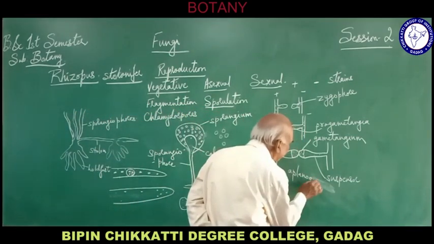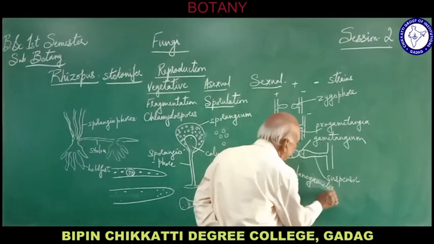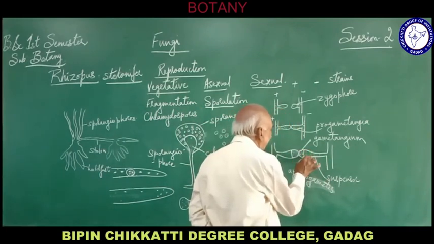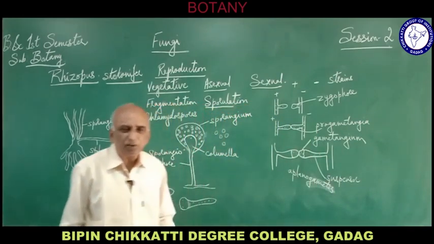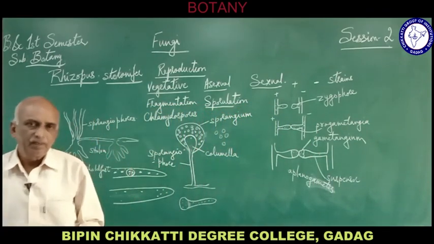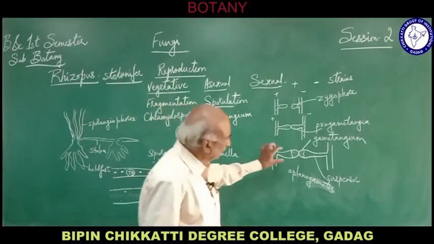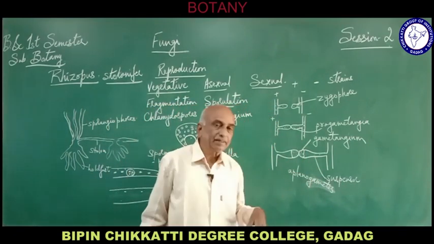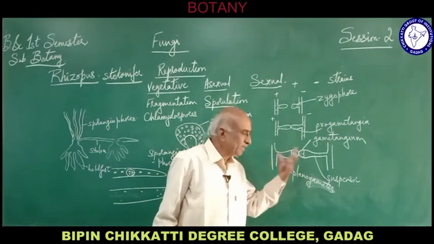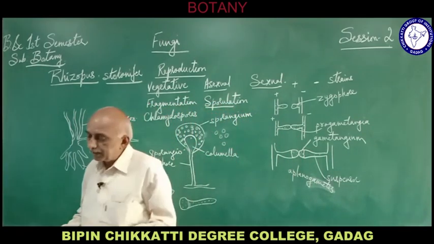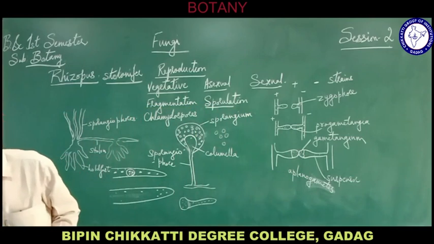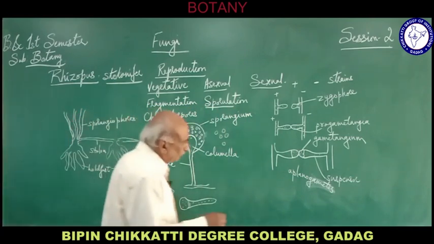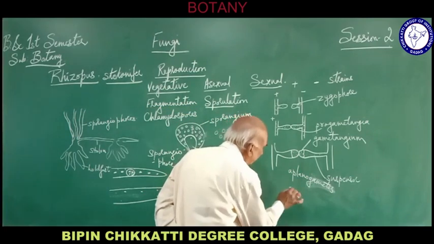A planogamete means a non-motile gamete. So the protoplast of the gametangium develops into a planogamete of plus type and minus type. The planogametes of the plus and minus types fuse.